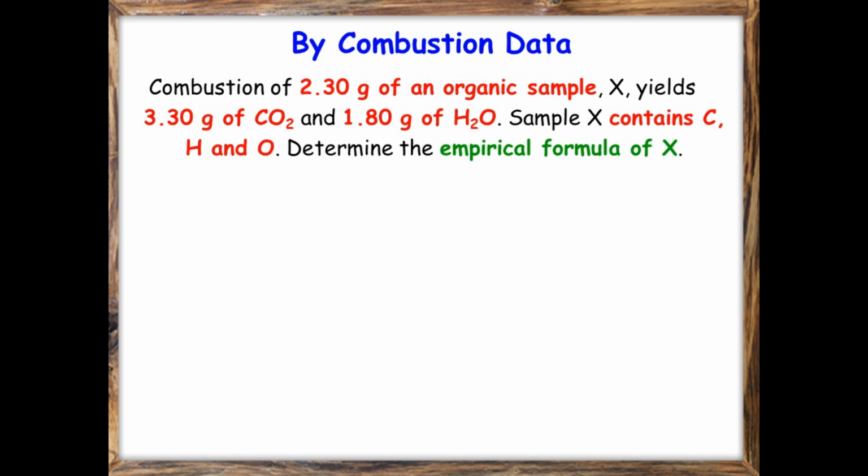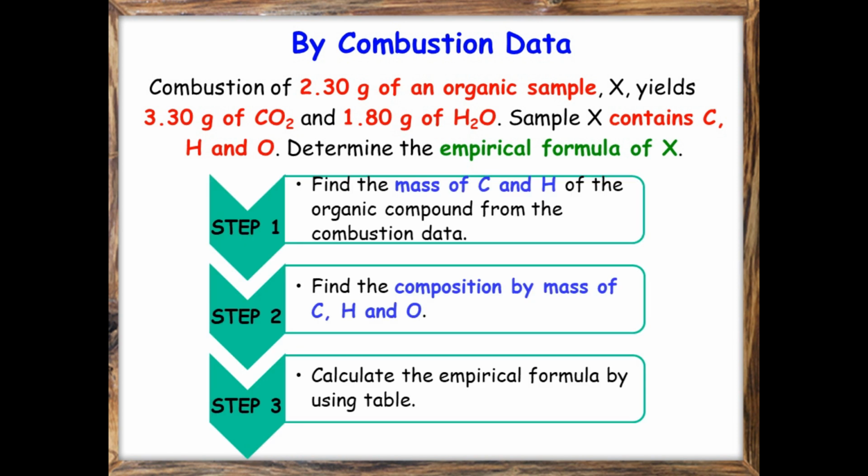Determine the empirical formula of X. There are 3 steps involved. Step 1. Find the mass of carbon and hydrogen of the organic compound from the combustion data. Mass of carbon will be calculated from the mass of carbon dioxide CO2 and mass of hydrogen will be calculated from the mass of water H2O.